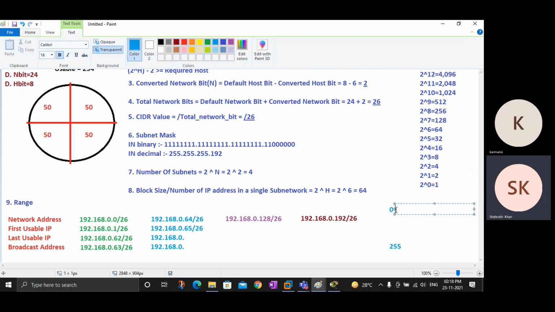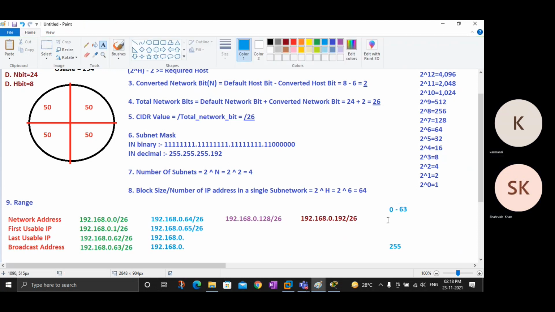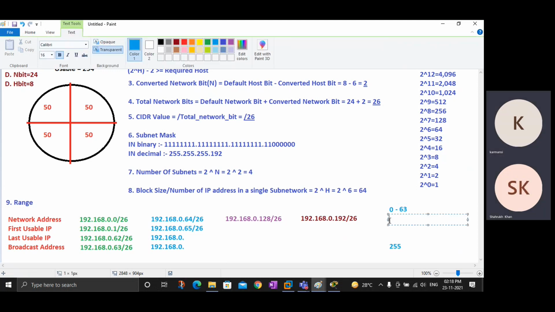So the first batch will be 0 to 63. The next batch will start at 64. If you include 128, it will be 65 numbers, so that's 127.